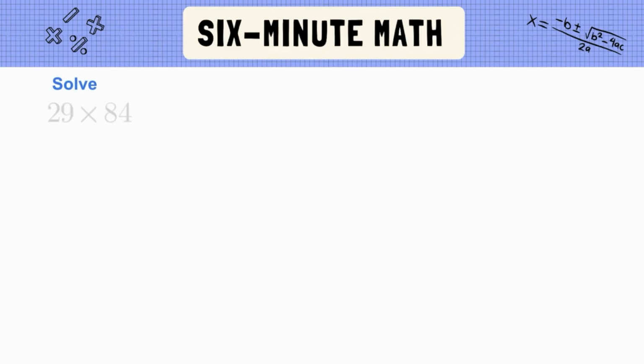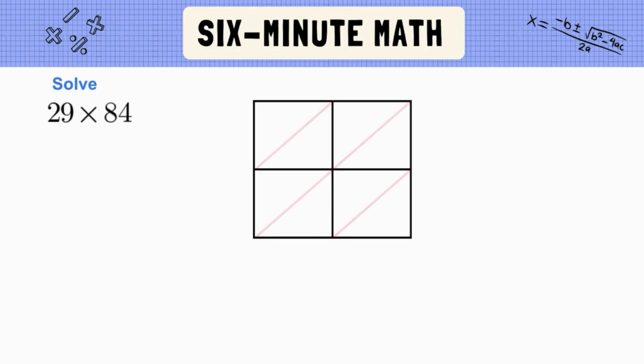Let's check out another example here. We're going to multiply 29 times 84. So I put my 29 on top. We have a 2 and a 9.